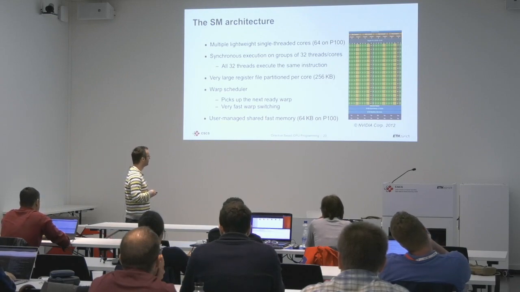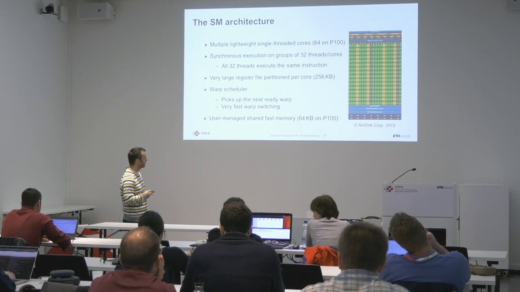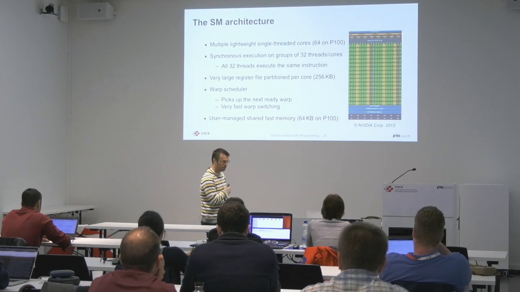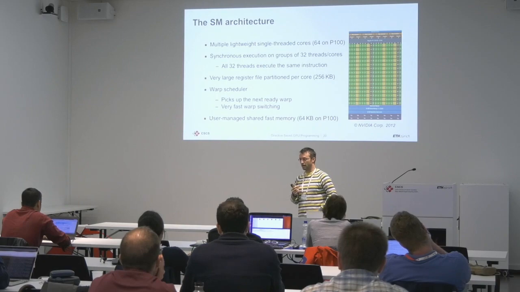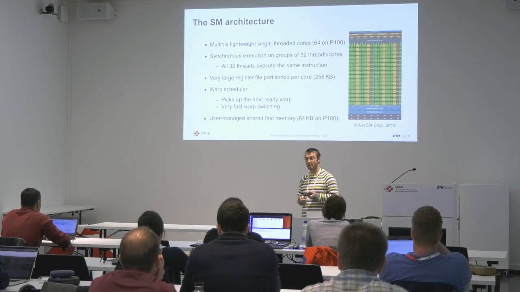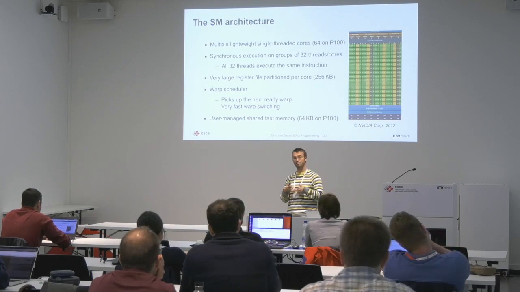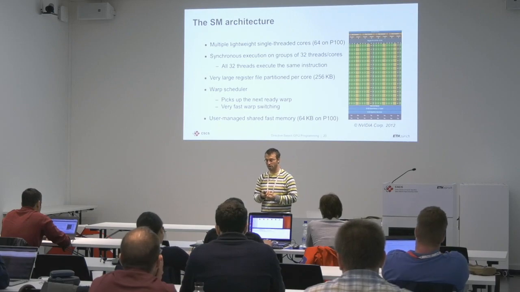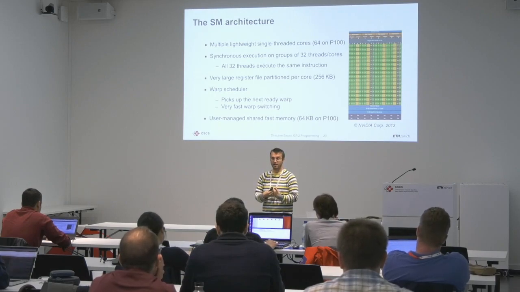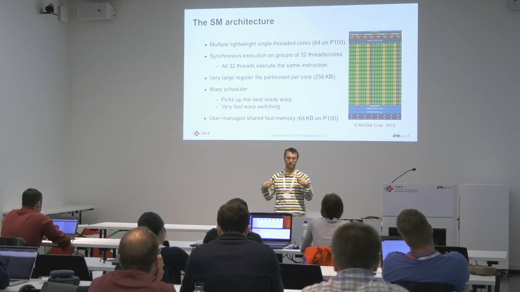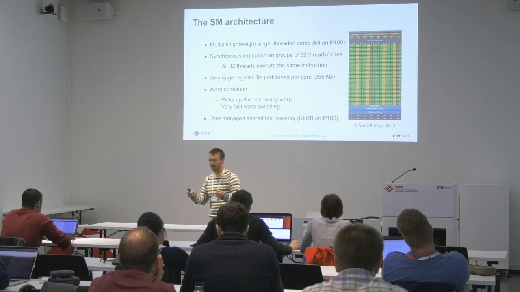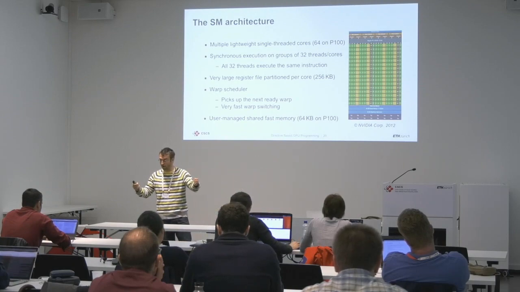And another component of this SM is the warp scheduler. This is an important component because if you remember the slide I've shown before, the GPU tries to hide latency, memory latency, through parallelism. So first of all you need to have lots of active threads waiting to run. Every time the warp scheduler gets a warp to run, it runs it.